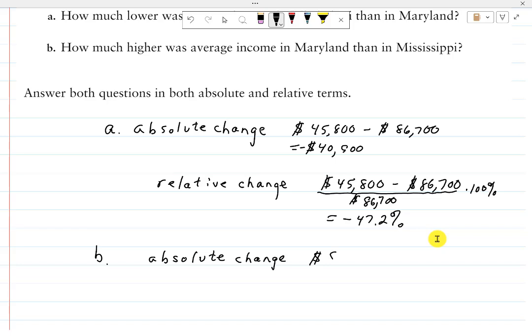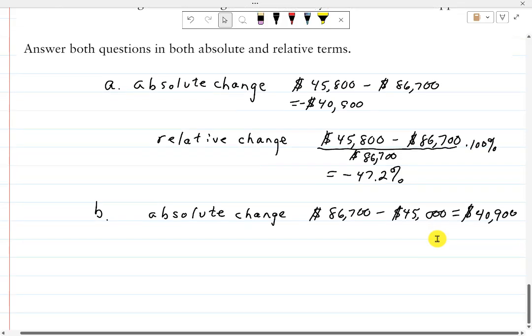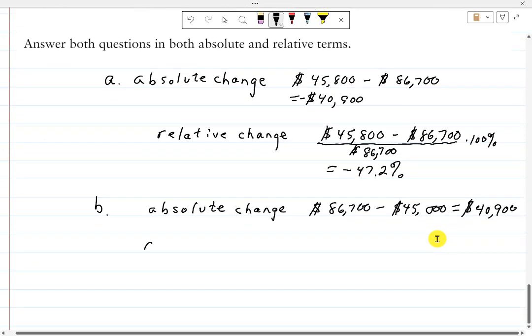So we're going to have 86,700 minus 45,800, and this is 40,900. That number will not change, but the relative change will be different.